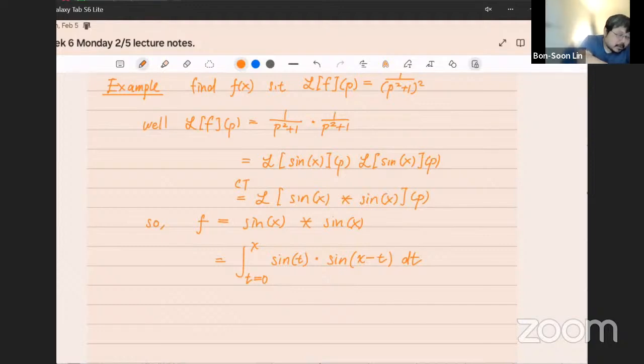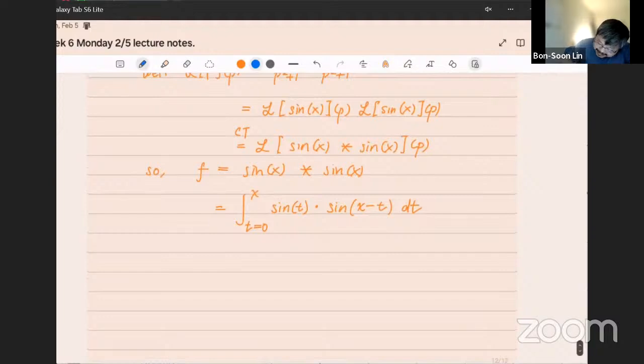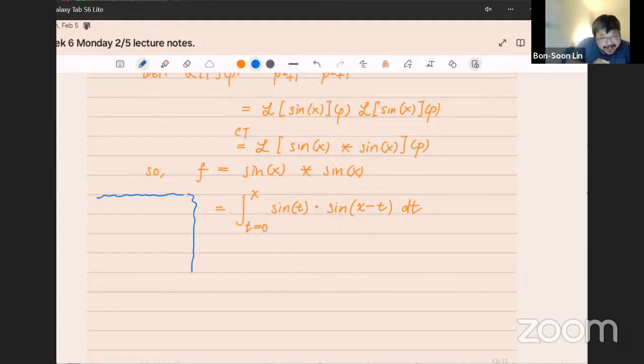Now, this is the part where we have to know what sine A times sine B is. Do people remember what that trig identity is? Ooh. So let me write it over here. 1/2 cosine of something minus cosine of something. Very good. Again, at gunpoint, you can figure it out using Euler's identity.